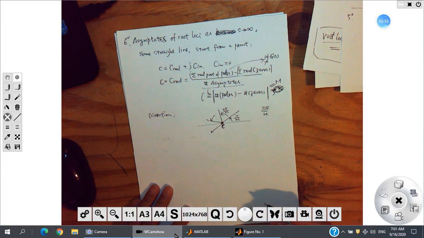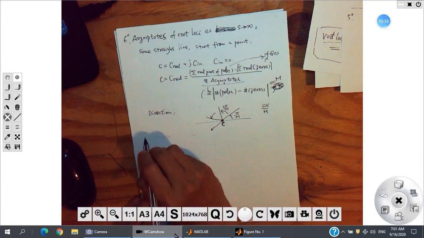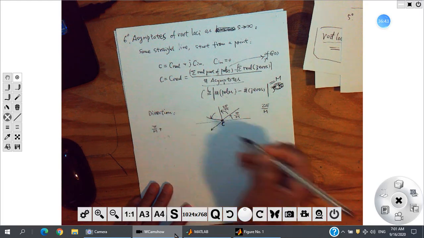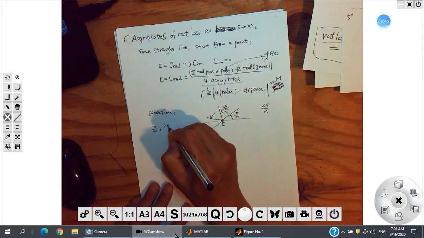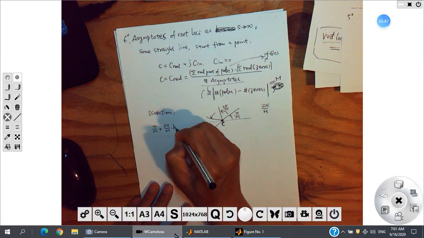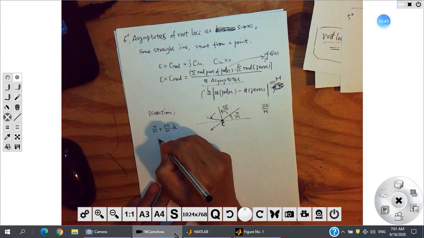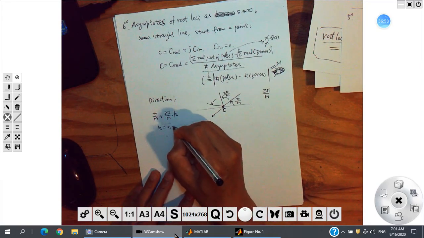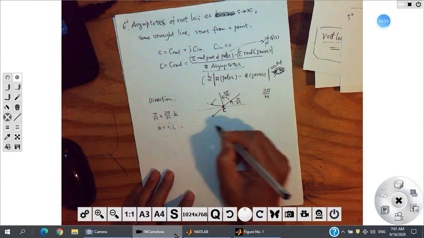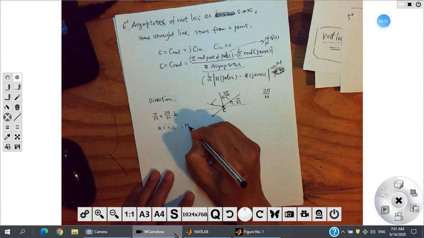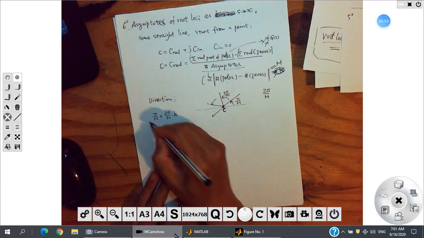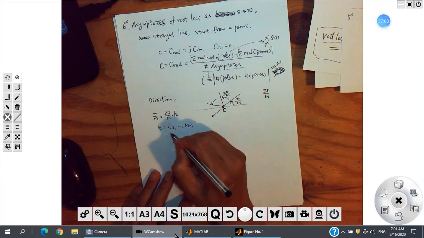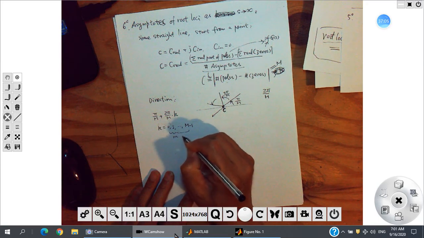So the directions will be pi over m plus 2 pi over m times k, lowercase k. This lowercase k equals 0, 1, until m minus 1. Totally m directions, we have m angles.